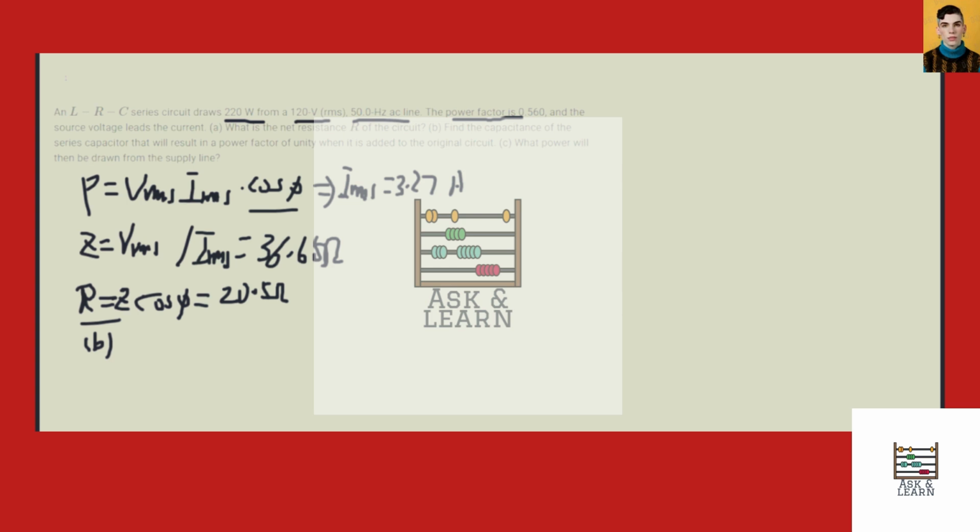So if we add an additional capacitor into the circuit, the whole impedance, which I'll call Z prime, the new impedance, will be equal to the square root of R squared plus omega L minus 1 over omega C minus 1 over omega C prime, all squared.